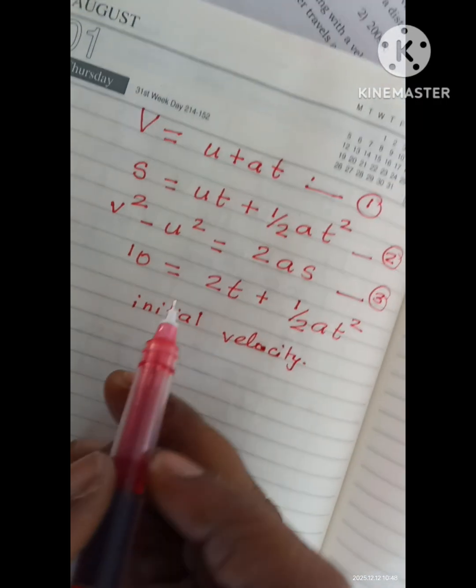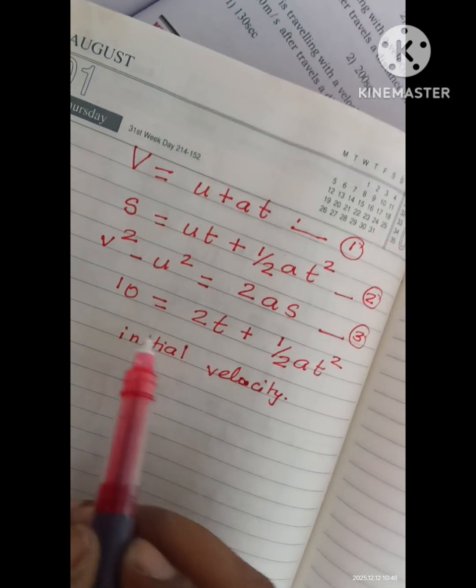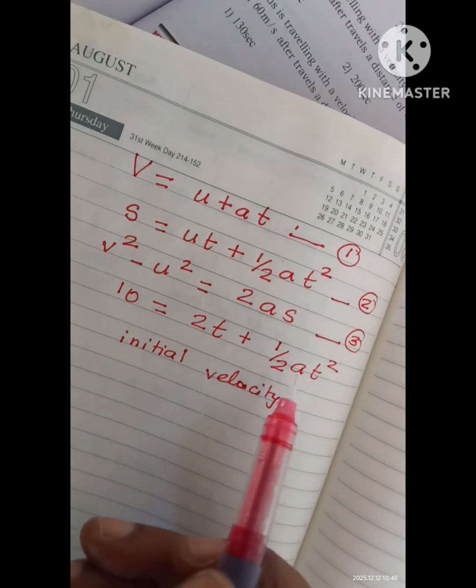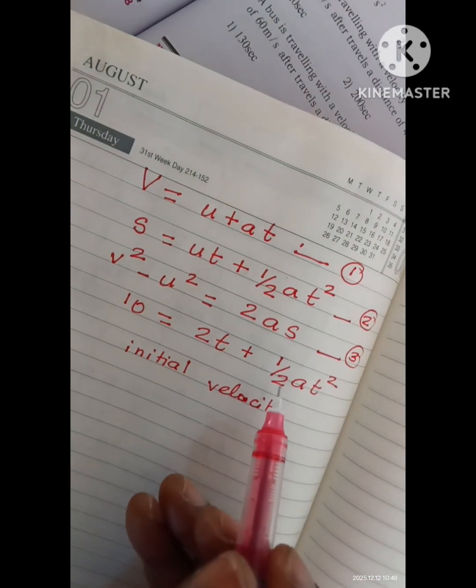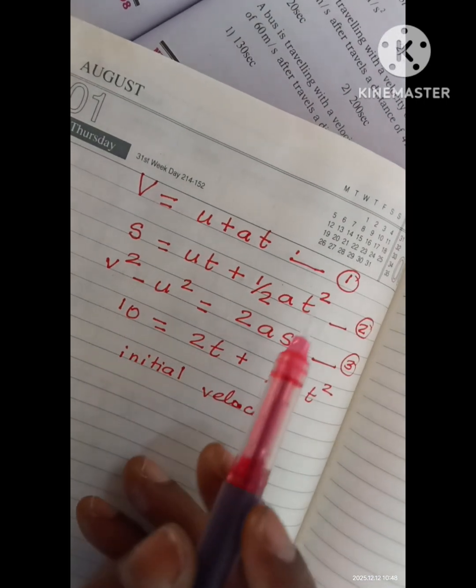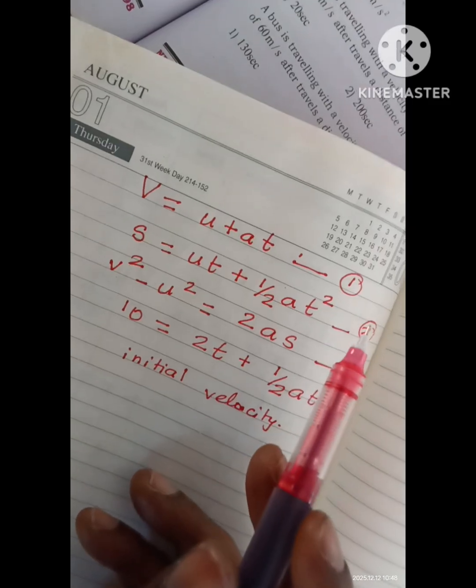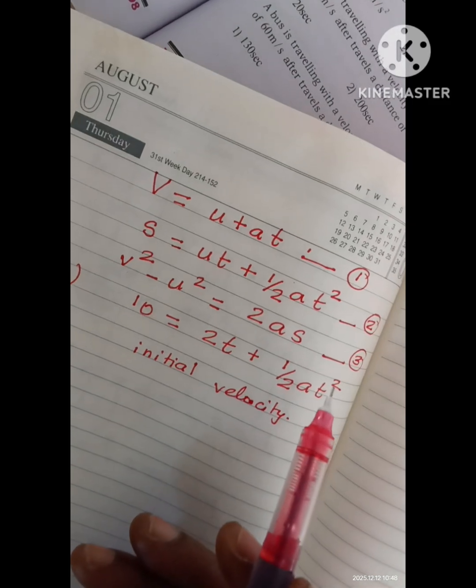Okay. Now, before that, we have to find the format of this equation. In which type of equation this is there? Whether it is in the format of first equation, second one, or third one?